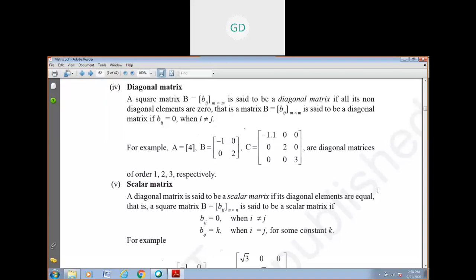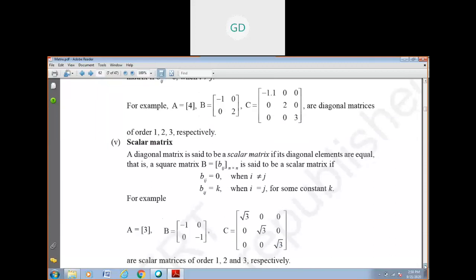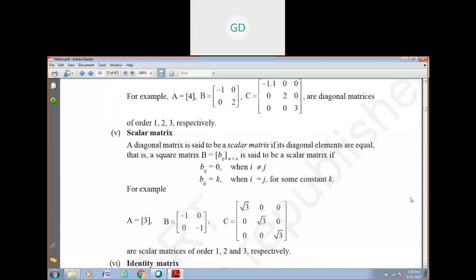And now the scalar matrix, another type. If you observe, it is also a square matrix, and here the non-diagonal elements are 0, so that's why it is a diagonal matrix. And along the diagonal, whatever elements are there, these elements must be the same, any constant.